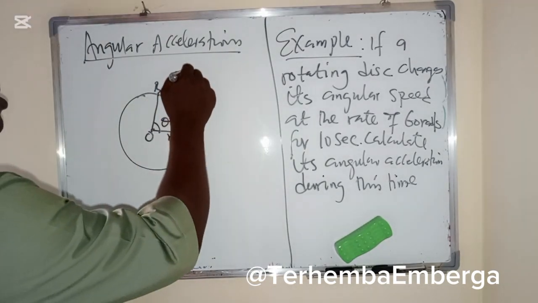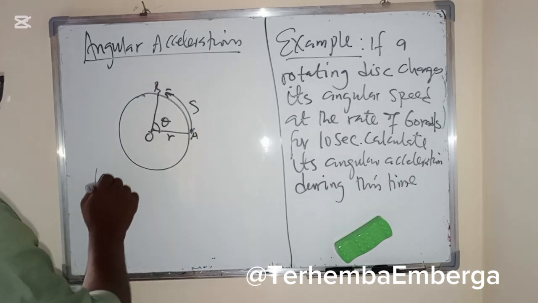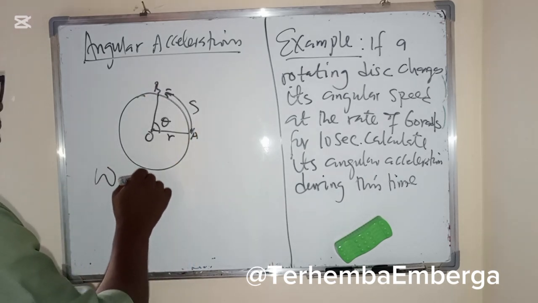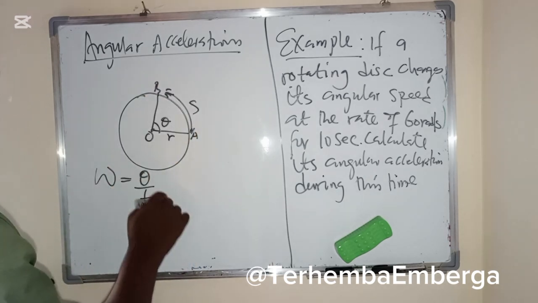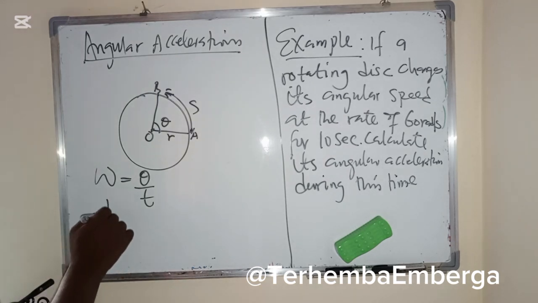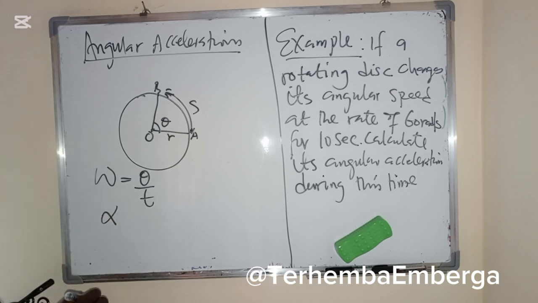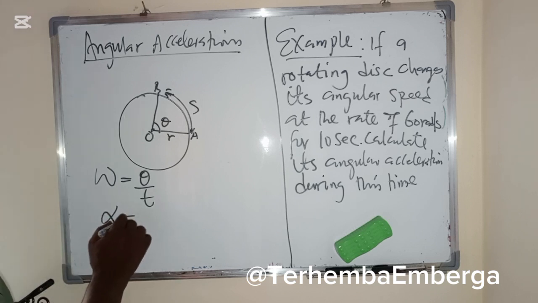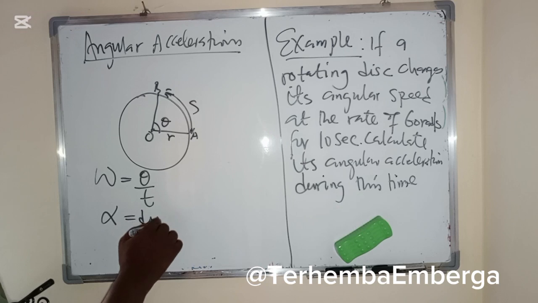So if we have defined angular velocity, omega, as theta all over t, then we can say that alpha, which is angular acceleration, is d omega over dt.